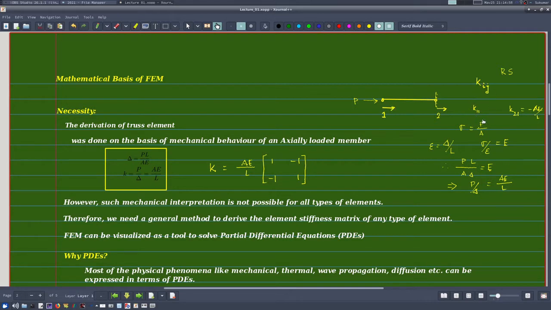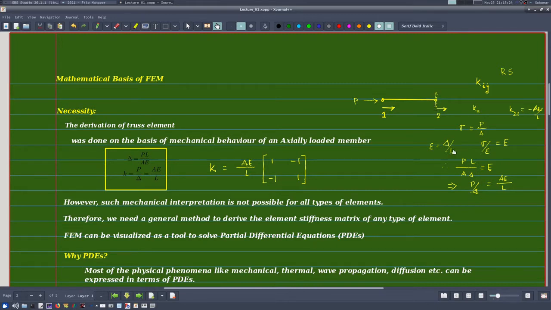Now, based on this definition of stiffness terms, we can find out the following. Suppose I have a force P applied at one node of the element of length L, where all other degrees of freedom are restrained. So we have fixed the second degree of freedom.